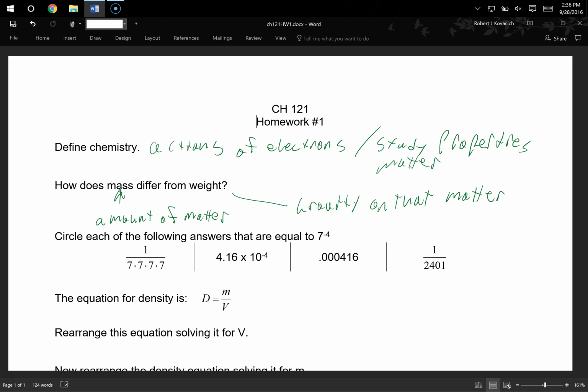What else should we toss in here? Position. So the weight one is position dependent. Your mass is your mass no matter where you are in the universe. Your weight is totally dependent upon your position. Position or location, however you want to say it.